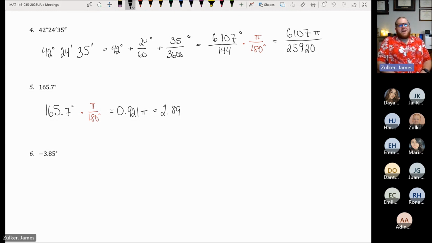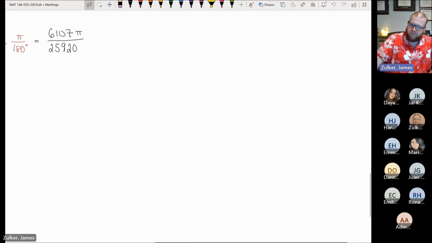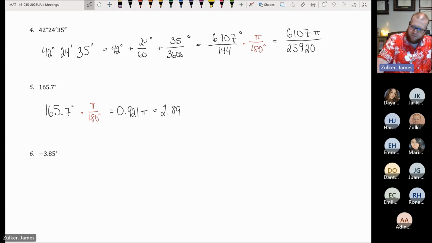Negative 3.85 degrees. This is our first time looking at a negative angle.